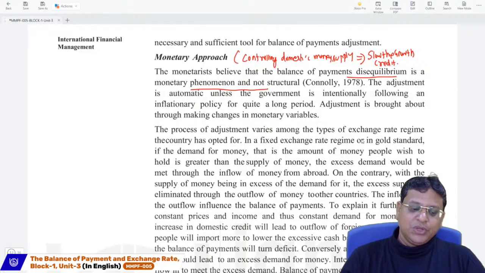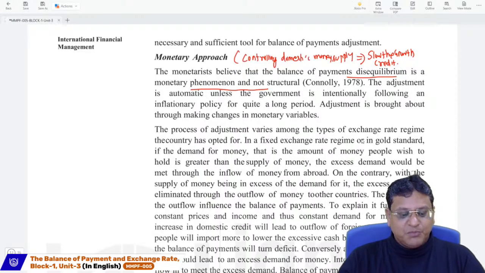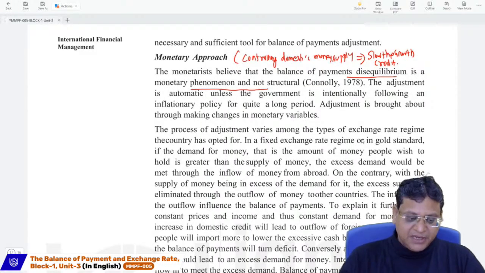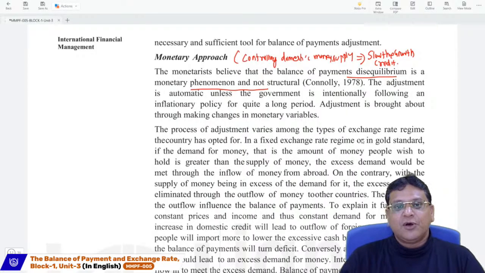So there are three approaches: classical approach, Keynesian approach, monetarist approach. The classical approach tells that government should do nothing, a laissez-faire economy. The Keynesian approach tells that government should manage demand through change of national income through fiscal and monetary policy.